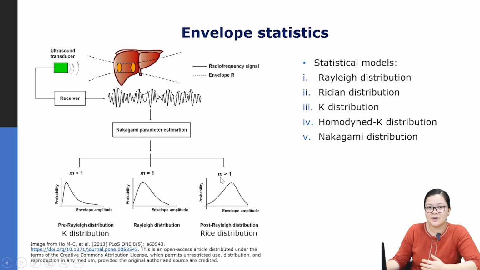And if M is greater than 1, then the probability distribution function approaches that of a Ricean distribution right here. So what the Nakagami distribution can do is basically, depending on the M parameter, it can model these previous 3 statistical distributions right here.